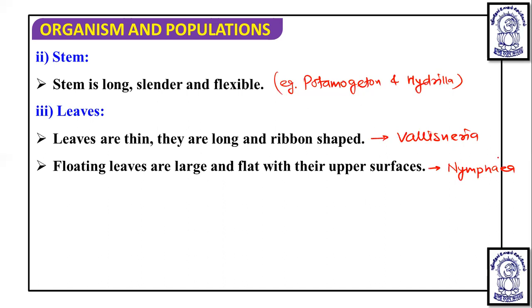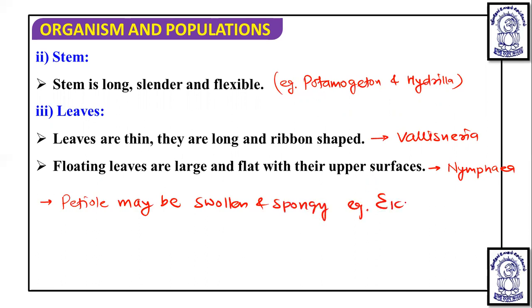Now apart from this, the petiole may be swollen and spongy, and if we take an example, it is Eichhornia.